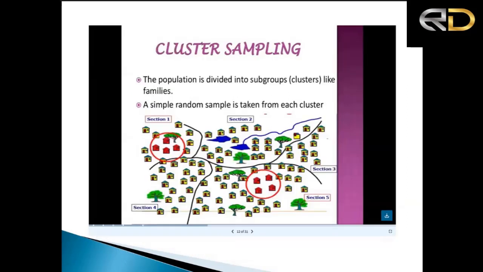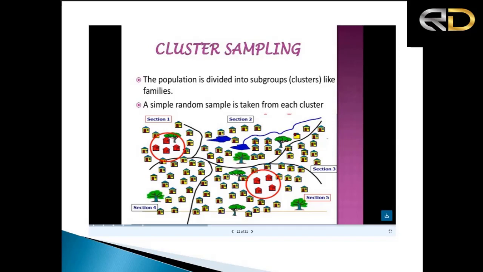Now we come to cluster sampling. In cluster sampling, when the sampling frame is not available, in that situation we use cluster sampling. Clusters are nothing but groups of basic units.